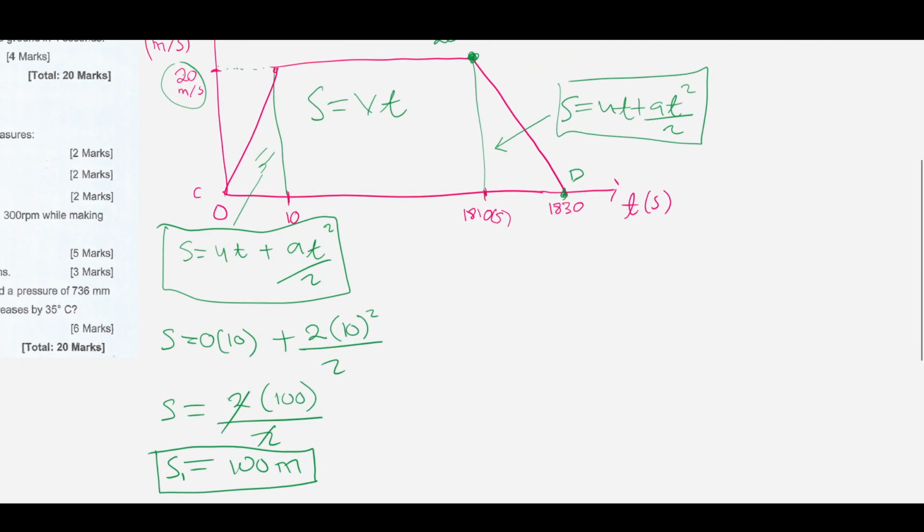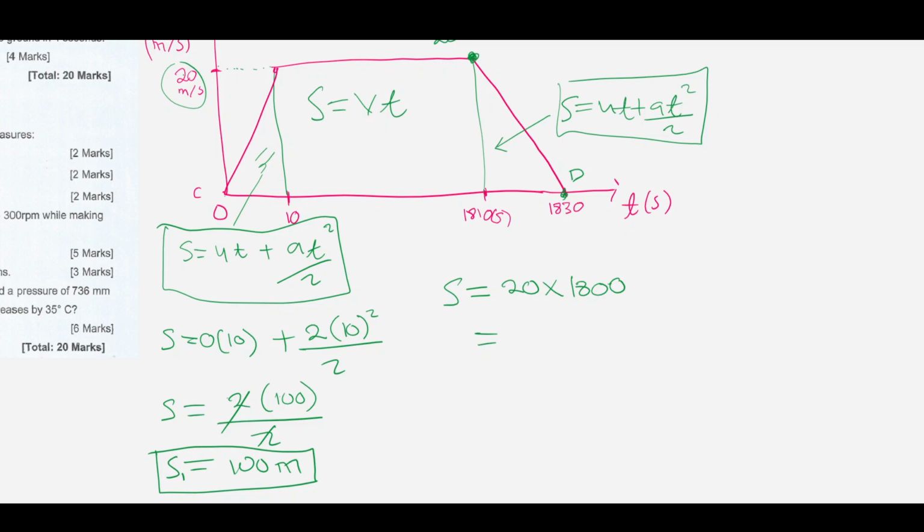And then here the distance will be 1810 minus 10, which is just the time, 1800. And then the speed, or the velocity, is 20. So here we're going to have 20 times 1800.